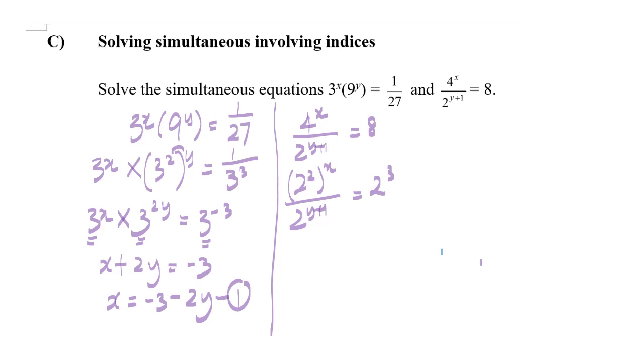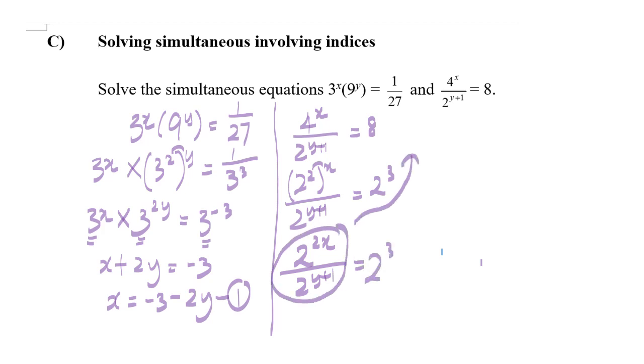Okay, so simplify further. Alright, so this one here, I'm going to apply this rule, which is the same as, if you were to convert division to a horizontal line, a to the power of m divided by a to the power of n gives you a to the power of m minus n.